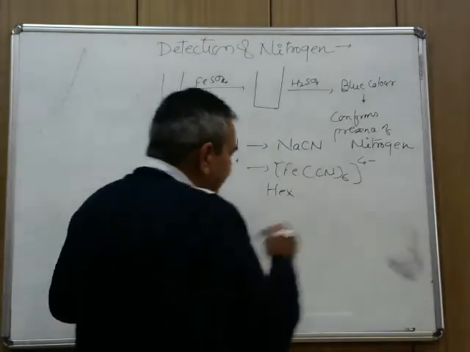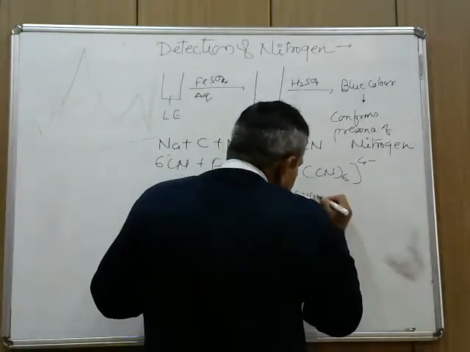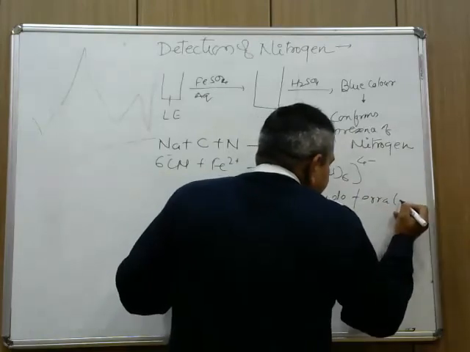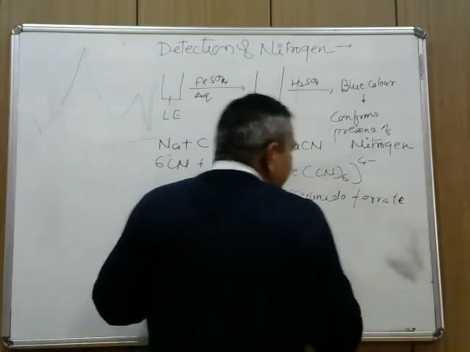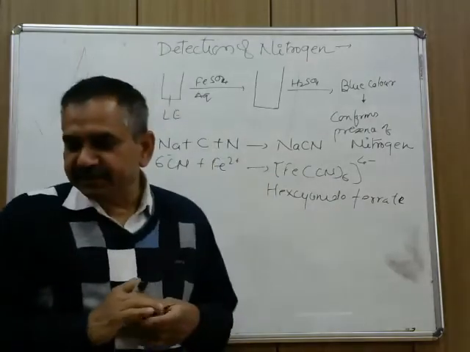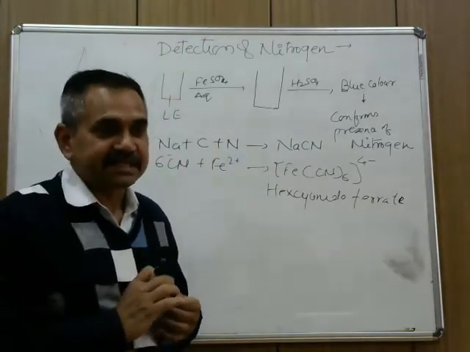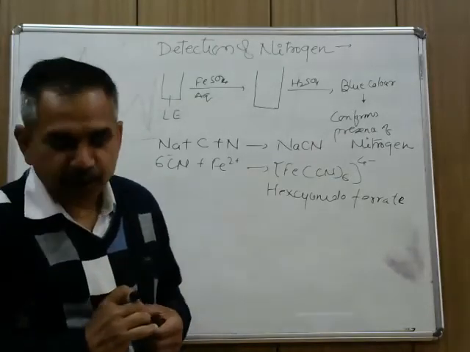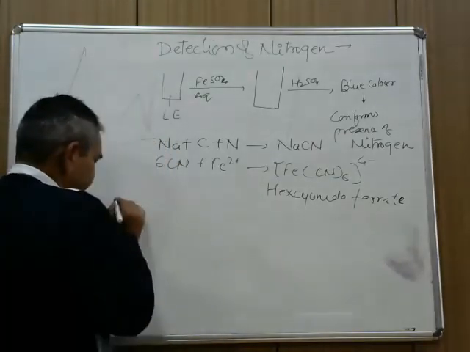Now this hexacyanidoferrate reacts with Fe3+ ions to form ferricyanide or Prussian blue.